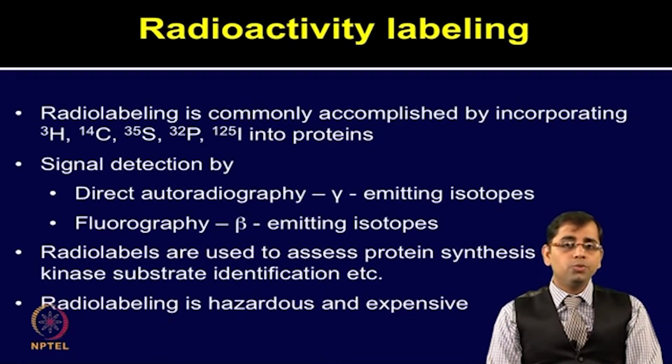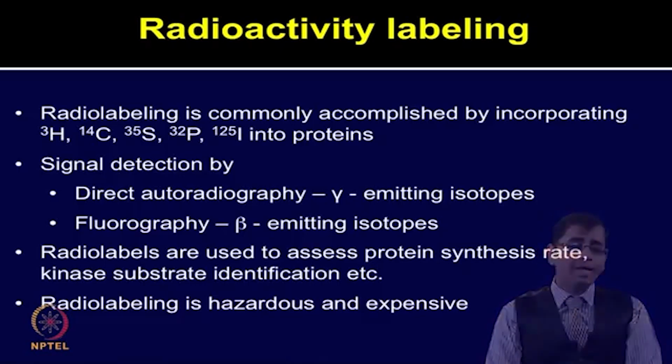The radiolabels have also been used to assess the protein synthesis rate as well as other applications. Although this is a very robust system, the radiolabeling is hazardous as well as expensive. Mainly due to the hazardous nature of these radiolabels, this technique is used only for very essential studies.